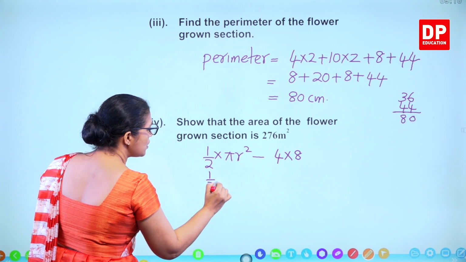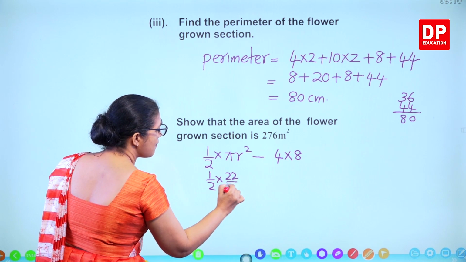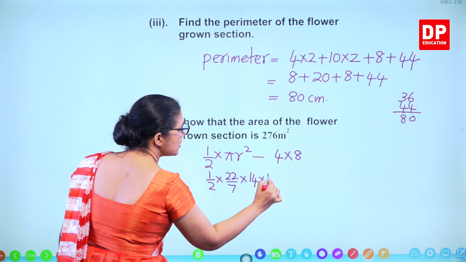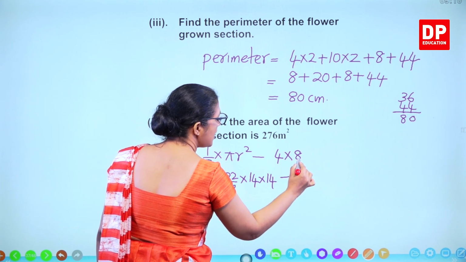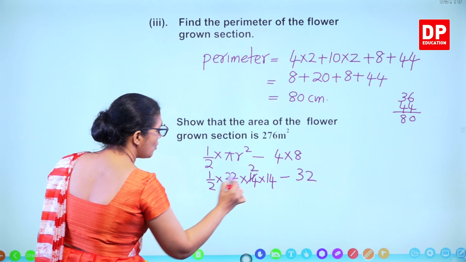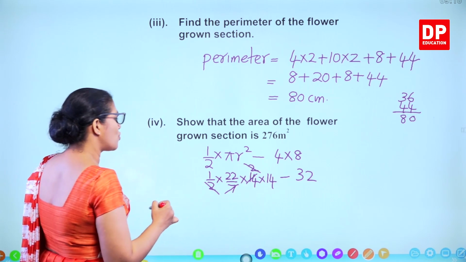So we'll substitute. Pi is 22/7. Radius we found out is 14. Half of 22/7 times 14 times 14, minus 8 times 4, 32. 7 times 2, this 2 gets cancelled out with this 2.